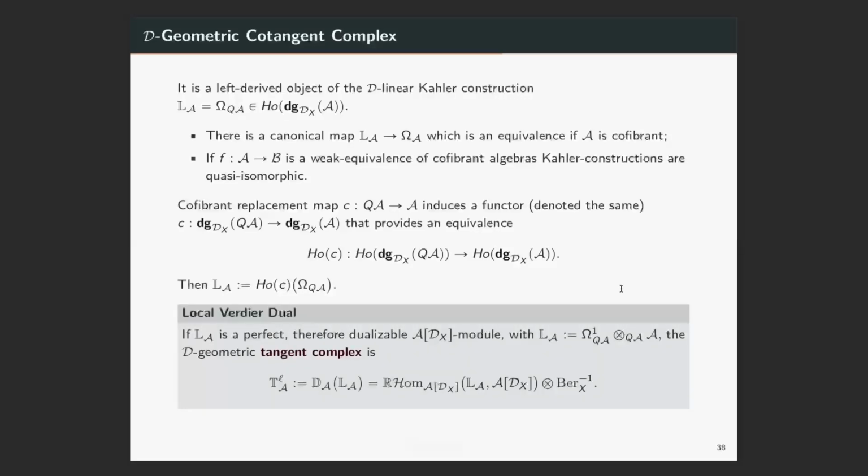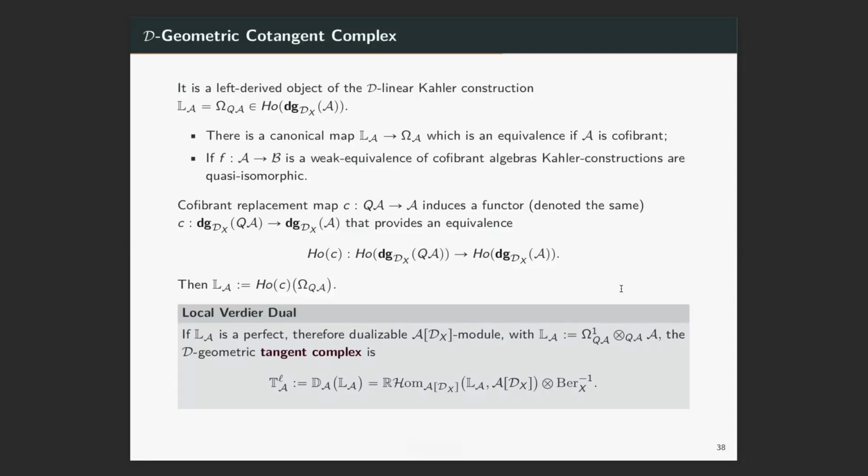Now the Kähler construction, the D-linear one, in the derived world is just the Kähler construction on the cofibrant replacement. So in the second slide, I said if we want to take a candidate for the cotangent complex of some spec of some quotient algebra, it's going to be the differential forms on the cofibrant replacement.